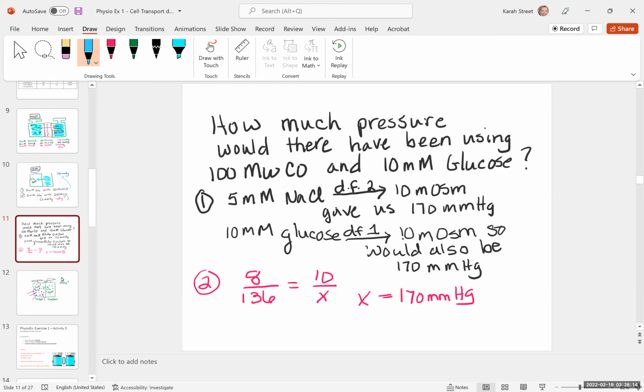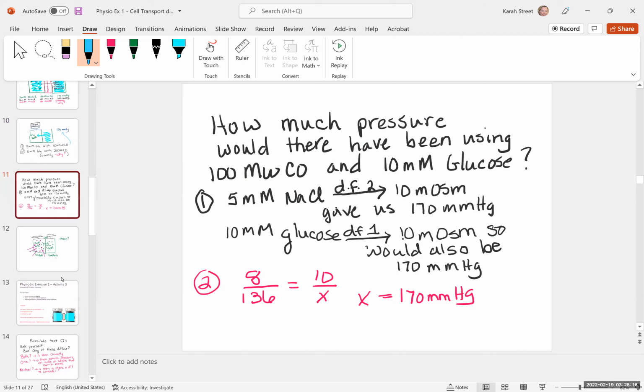Now, I have a challenge question for you. In this activity, we started out playing with sodium chloride, and we played with 5 millimolar sodium chloride and 10 millimolar sodium chloride. And then all of a sudden we shifted to glucose, and we played with 8 millimolar glucose.